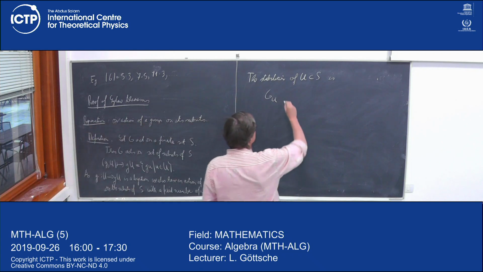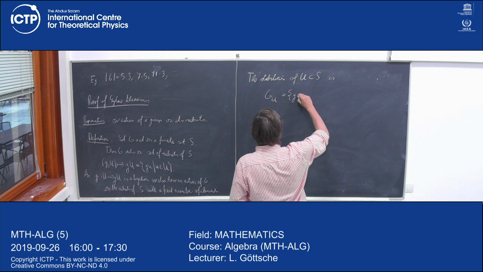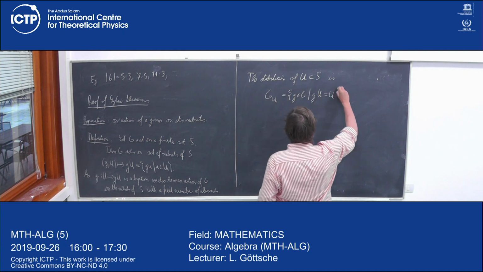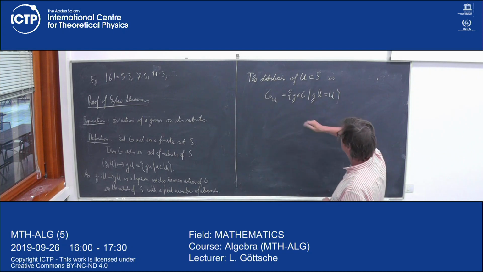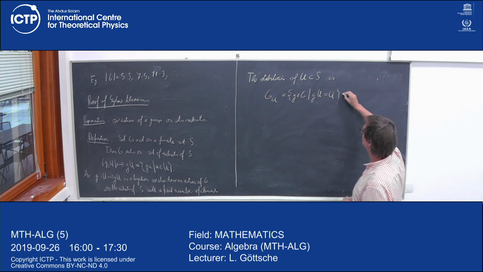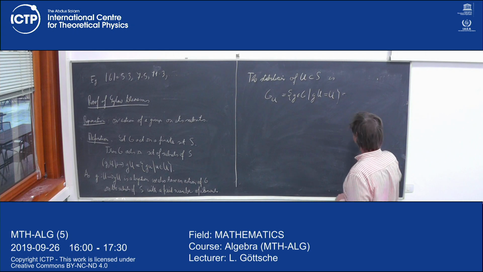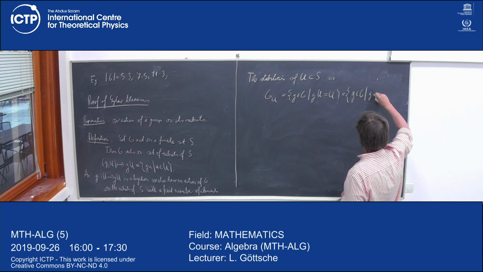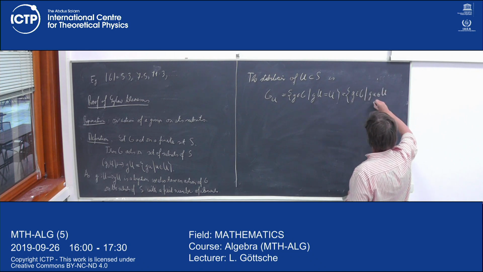So what does that mean? This is the set of all g in G such that gU is equal to U, and as the action of g is a bijection, it is the same as saying that this is the set of all g in G such that gu is an element of U for all u in U.